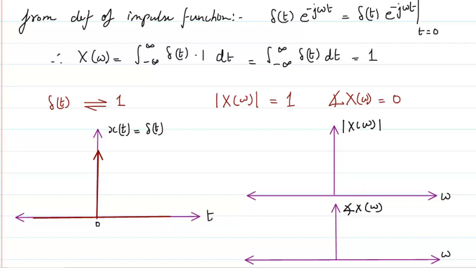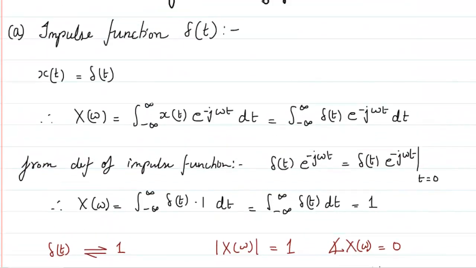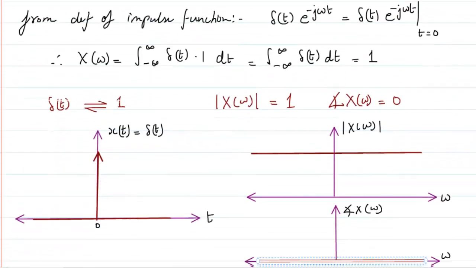Now obviously the magnitude of x of omega is 1, so for all values of omega, its value is going to be equal to 1, whereas the value is going to be equal to 0 for the angle. So the angle is 0 at all times, at all frequencies, sorry. So this is the Fourier transform of an impulse function.